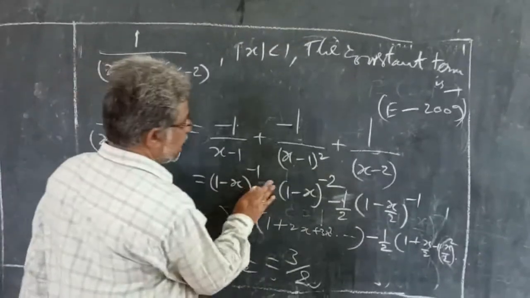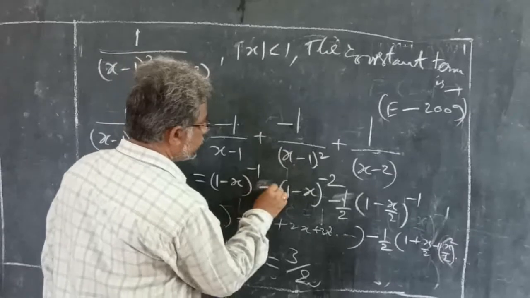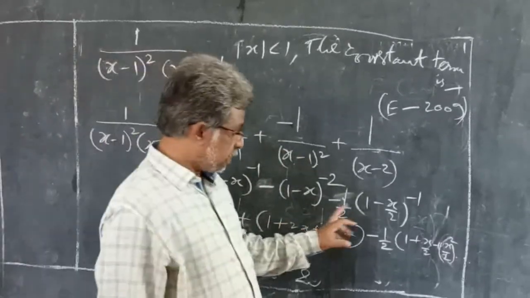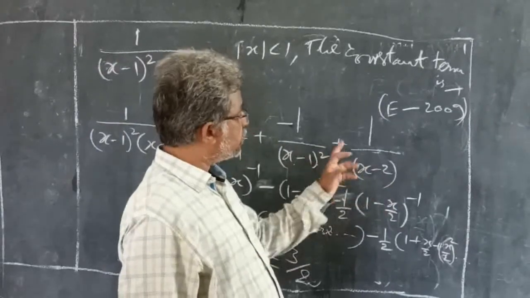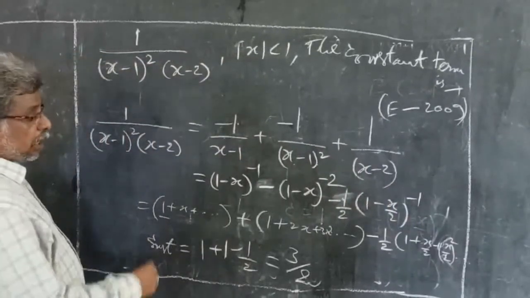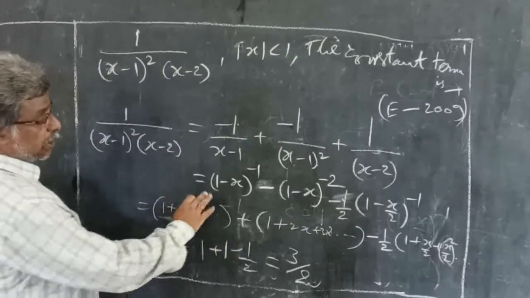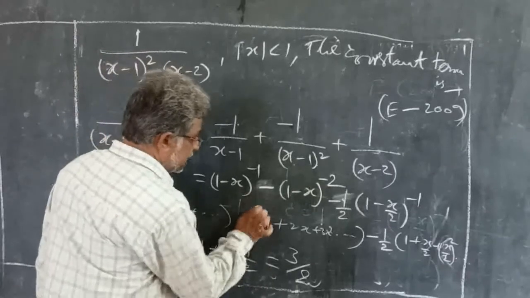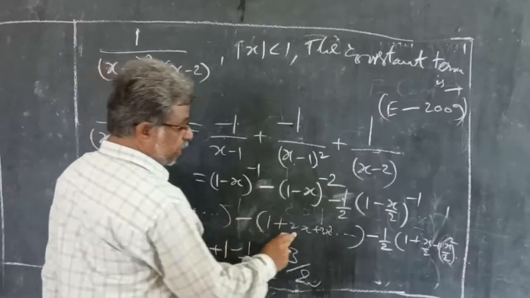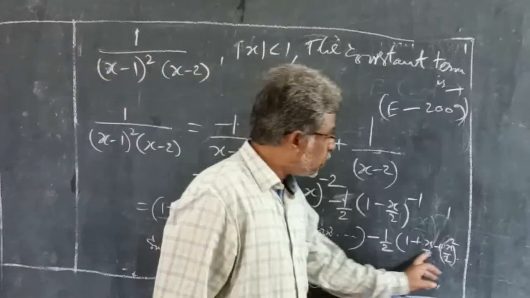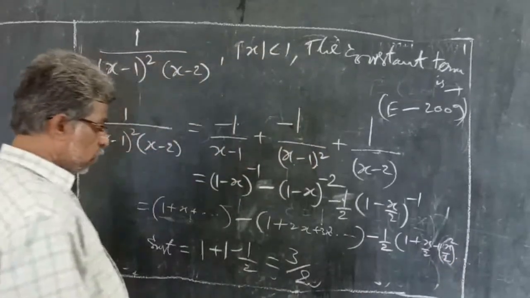And this is minus of (1 minus x) whole power minus 2. And this, taking minus 2 common, becomes minus 1 by 2 into (1 minus x by 2) whole power minus 1. Now this becomes 1 plus x square and so on. And this is minus of 1 plus 2x plus 3x square and so on. Minus 1 by 2 into 1 plus x by 2 plus (x by 2) whole square and so on.